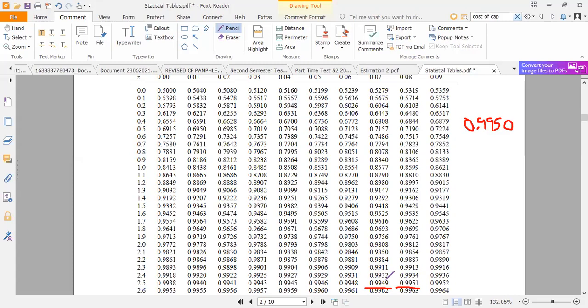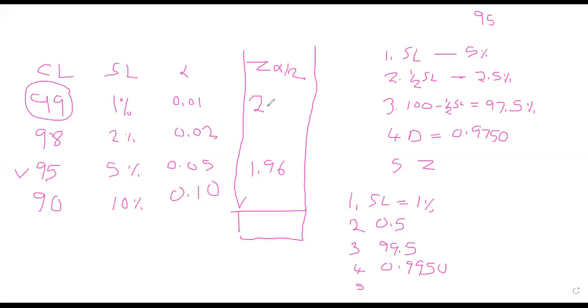You can choose either of them, meaning the Z is 2.575, or 2.58 if you want. For this one, when you do the process, we find 2.33. For this one, when you do the process, we find 1.645. You need to know the process. Sometimes you'll be given maybe 80% or 97%, and at least you know the process.